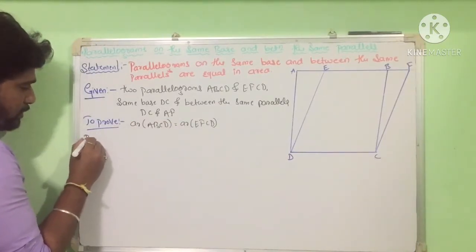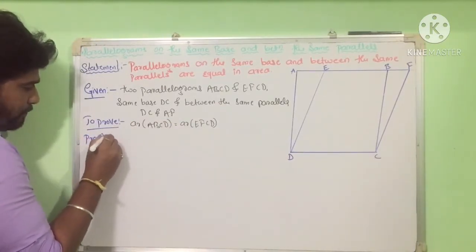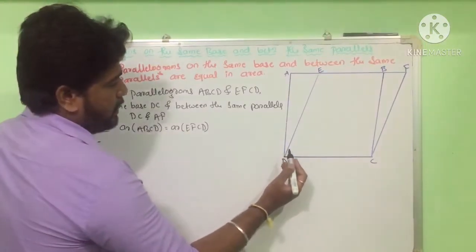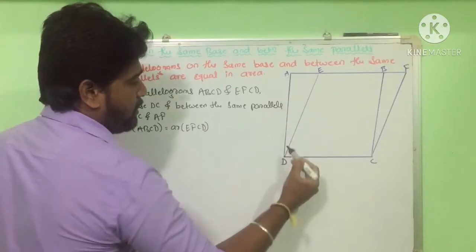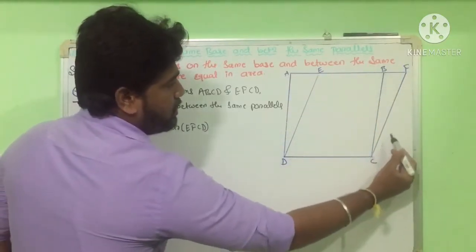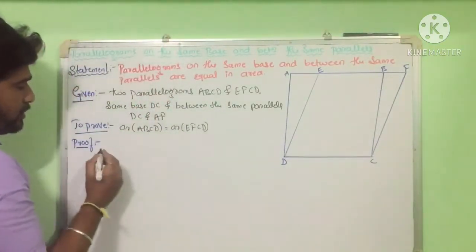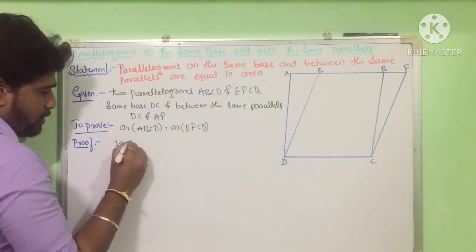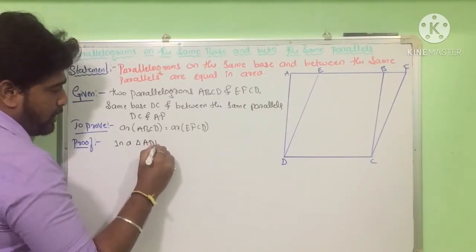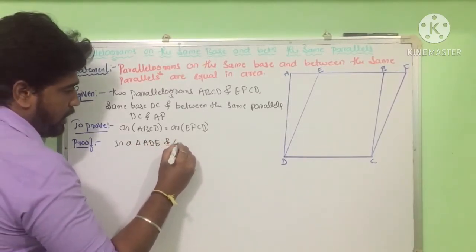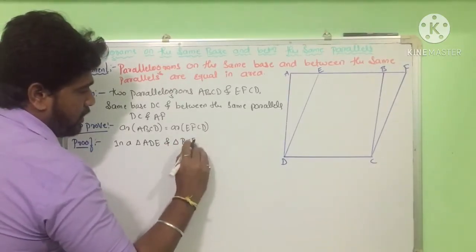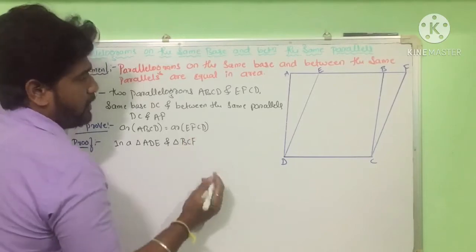So proof. See here, consider two triangles, ADE and BCF. Two triangles are there. So write down, in triangle ADE and triangle BCF.